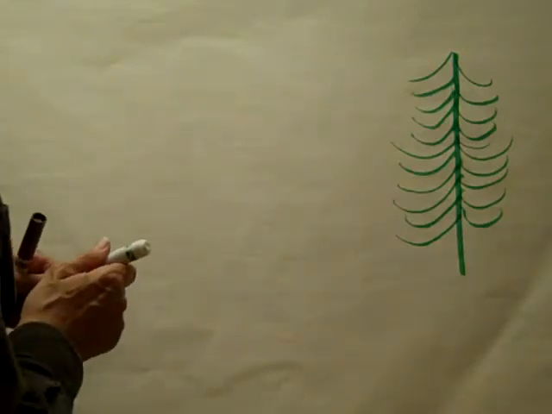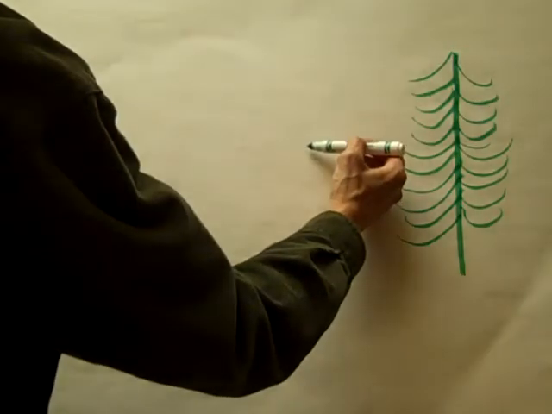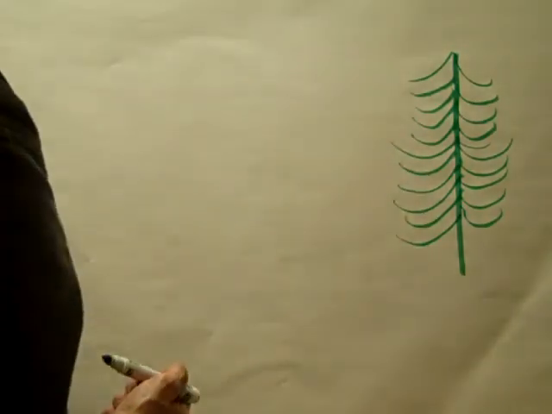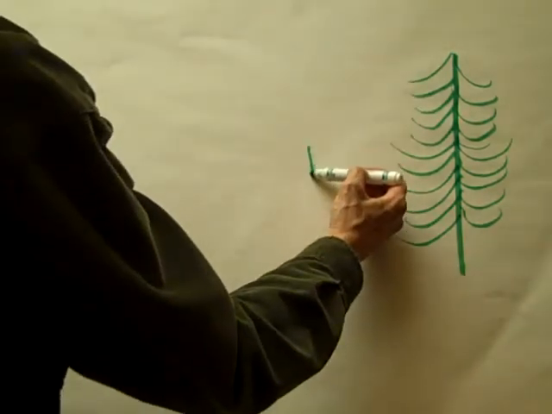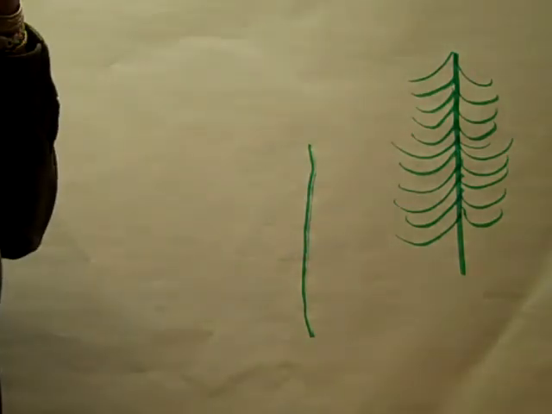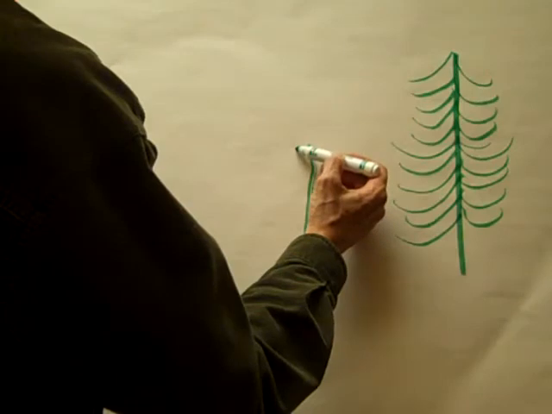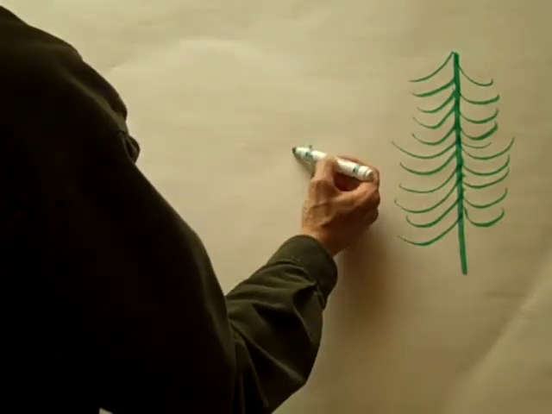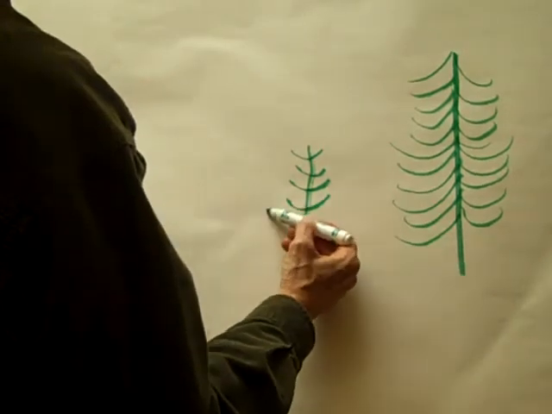Okay, the next tree that we're going to draw takes a few more minutes, but here again it's just a series of lines. And I'll start again in the middle. My line is not perfectly straight down the middle, which is fine because most trees do not grow perfectly straight. This time I'm going to draw a series of smiles.